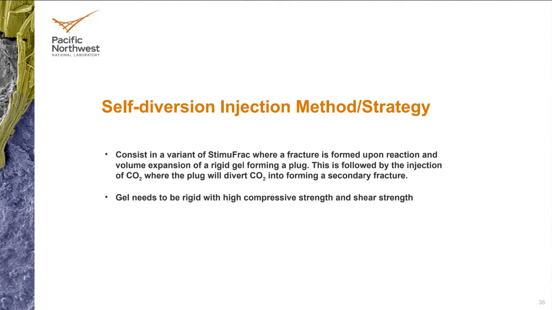The second approach, instead of water alternating gas or polymer alternating gas, is self-diversion. Can we generate a fracture? This was proposed by Chef Burger, a team member of ours.